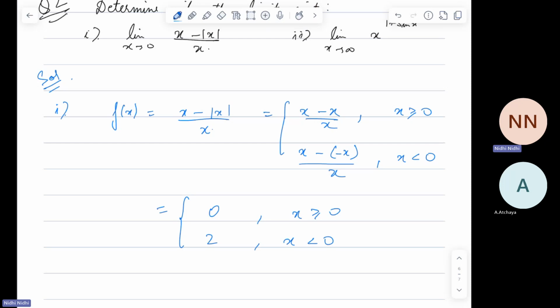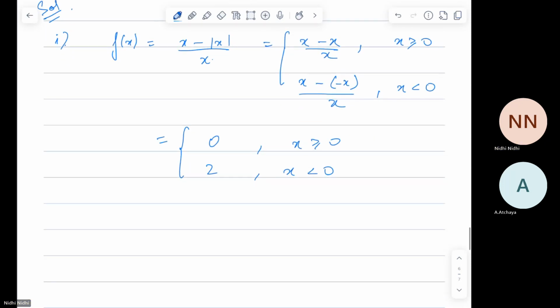So now we can clearly look at the right hand and left hand limits. In this case, the left hand limit will be 2 and the right hand limit will be 0, which is not the same. So therefore, the limit does not exist.